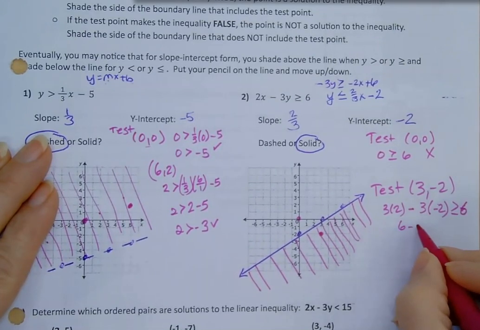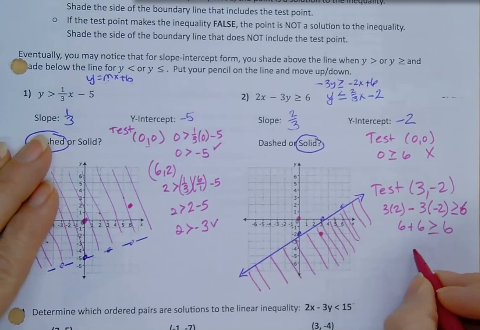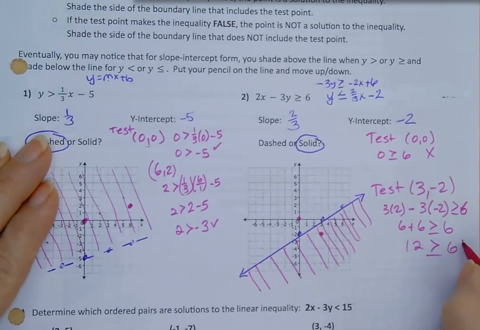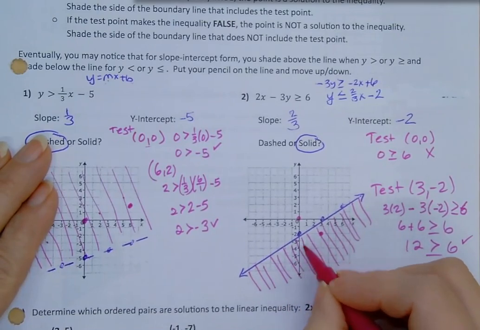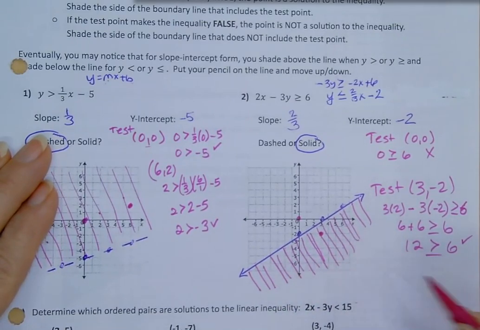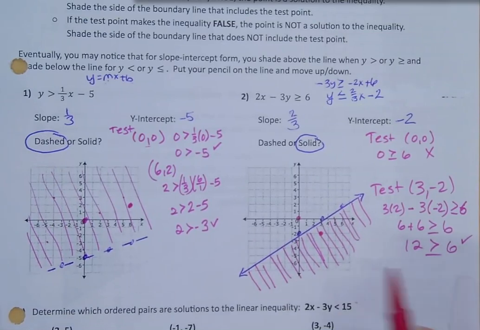So I have 6 minus negative 6, which is 6 plus 6, is greater than or equal to 6, and sure enough, 12 is greater than or equal to 6. So I know that's true. That means my test point works. Okay, so that means that anything shaded below my boundary line would be a solution to this inequality.